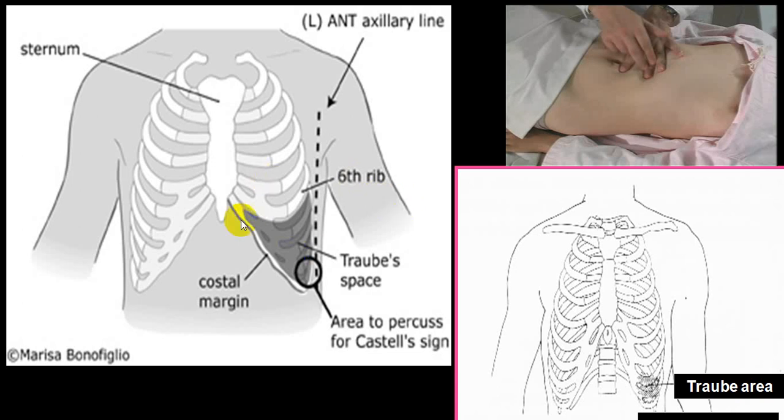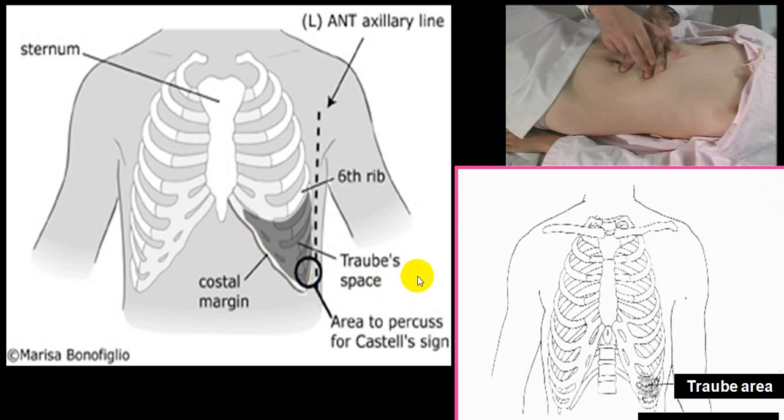As far as the spleen is concerned, which is the left border, in case of a massive splenomegaly also the Traube space will be affected. So spleen pathology, lung pathology, left lobe of liver, heart can affect the Traube space.